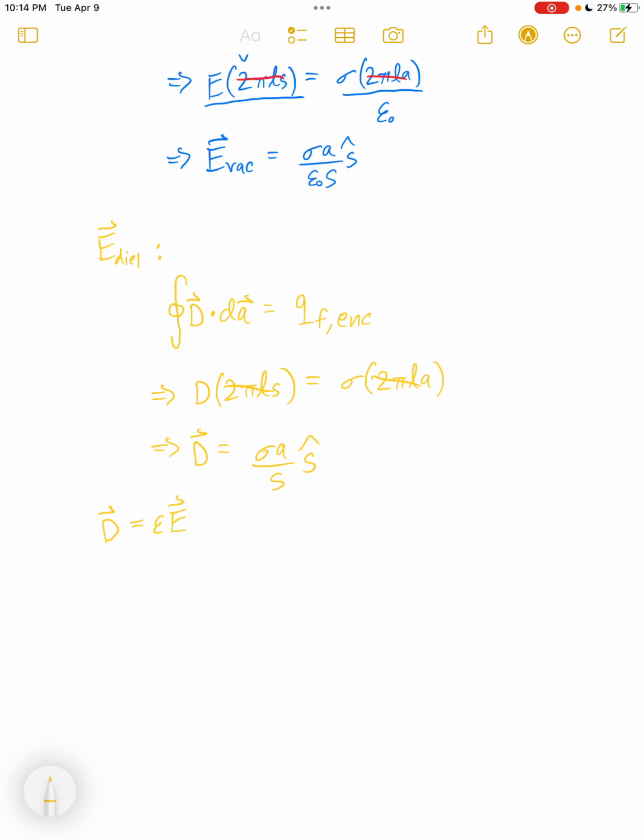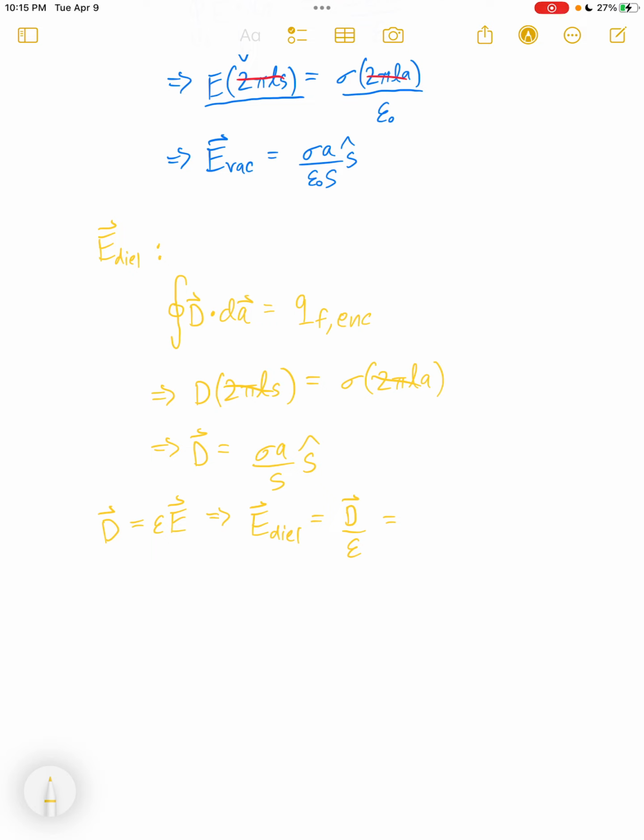From this equation, you can see that E and D must be in the same direction. And using this equation and the electric displacement I've just found, the electric field within the dielectric is then equal to D over epsilon.